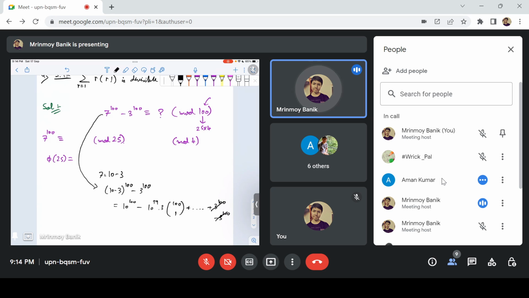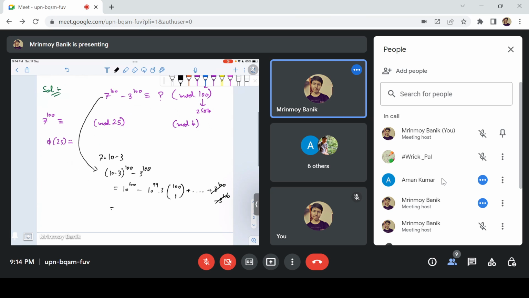So these 3^100 terms cancel out, and the term just before it is 100 C 99 times 10^1 times 3^99. Observe this term. This term is basically 100 times 10 times whatever 3^99 is. So it has its last digits 0.